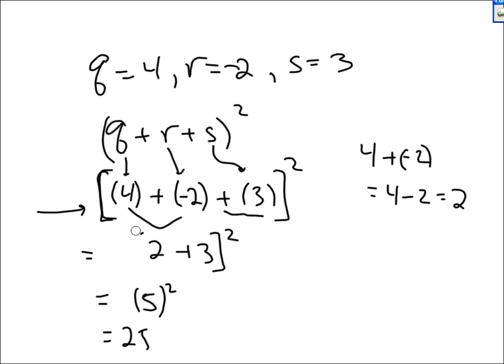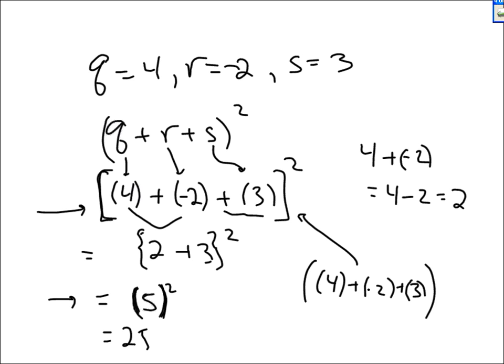Let's change the next line. Now I put curly brackets. And in the next line, I put the round or parentheses type brackets. It doesn't matter. When I see this here, I can, if I choose, see this.